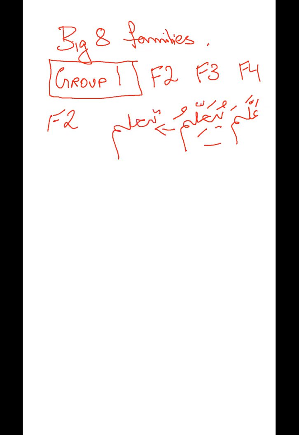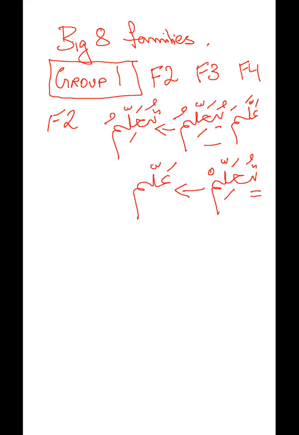So we will do tu'allimu. Then what do we need to do? Make it lightest. Make the last letter sukoon. Tu'allim. Excellent. Then what do we do? Remove the ta. Can you read this word?